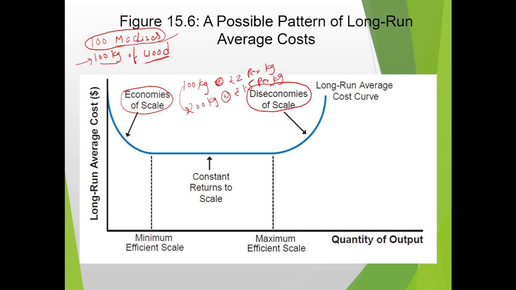You increase your production, and to increase the production, you purchase more and more raw material, but since you're purchasing more raw material, the vendor or the supplier of that raw material is giving you a discount. So in that way, average cost per unit will decline, right?